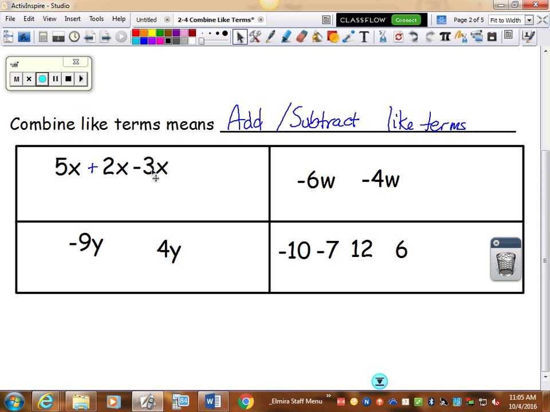When I bring it down to make it part of a problem, then it's a subtraction sign. 5x plus 2x is 7x, take away 3x is 4x. Okay, negative 9y plus 4y is a negative 5y. Negative 6w and a negative 4w is a negative 10w. Negative 10, take away 7, plus 12, plus 6 ends up being 1. Okay?